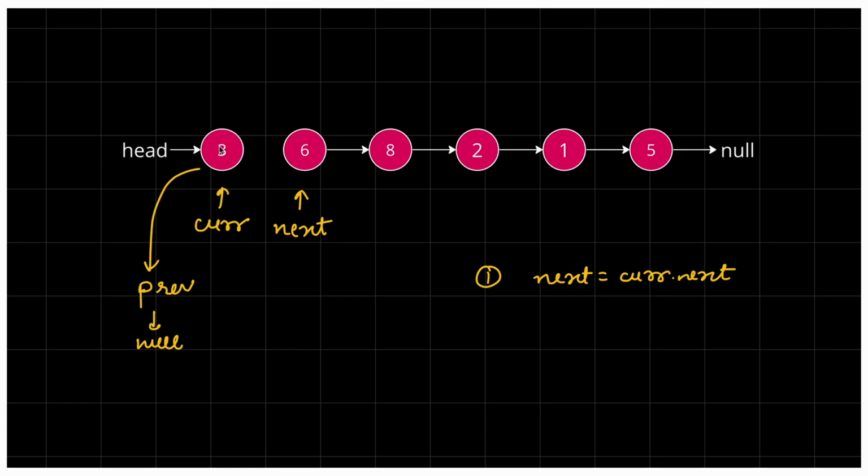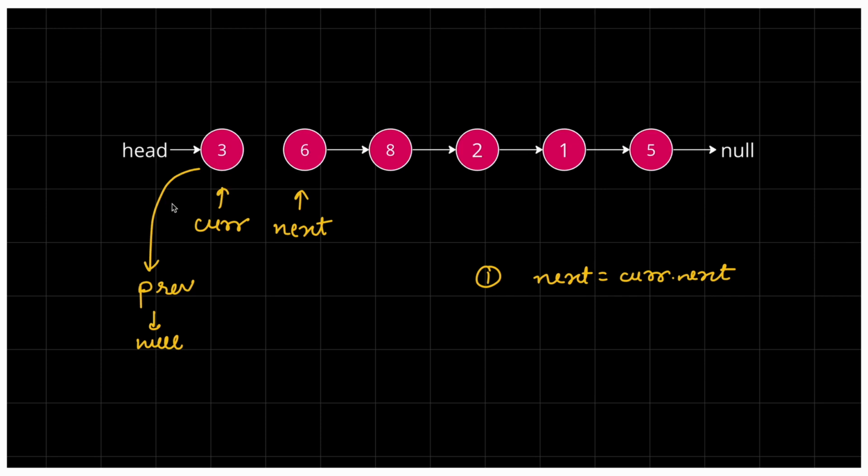That is fine, because this 3 will be the last node of the linked list when you reverse it. But before that, we need to make sure that we have the pointer to the next node, which is why we have put this statement that next will be pointing to current node's next. By doing so, we will always have the next pointer of the current node.